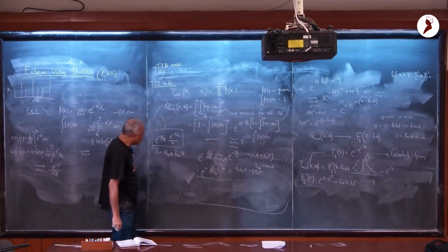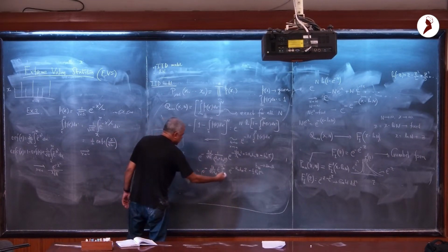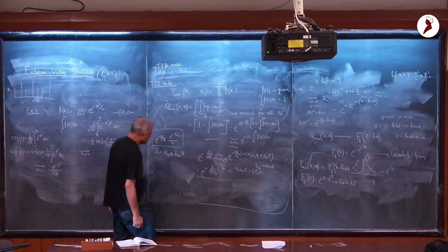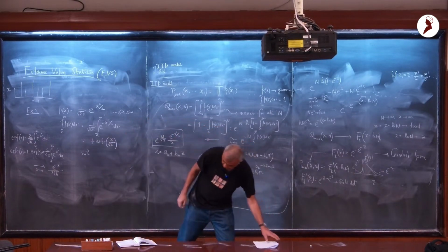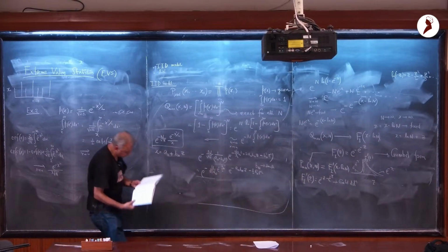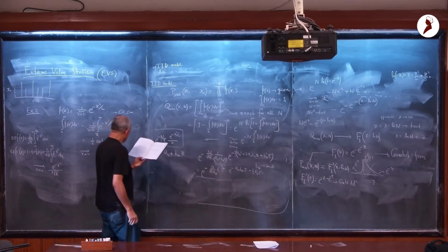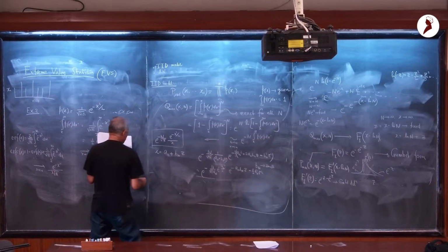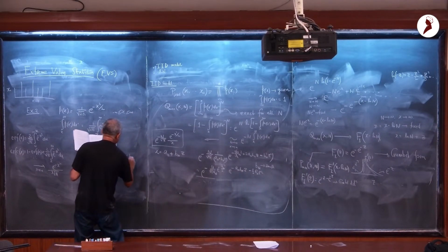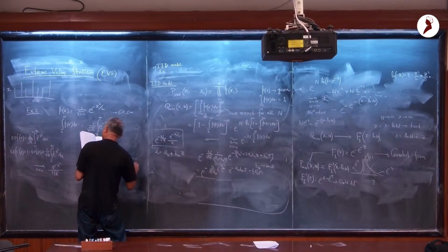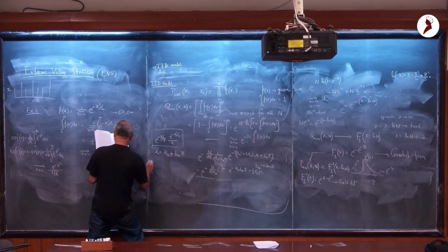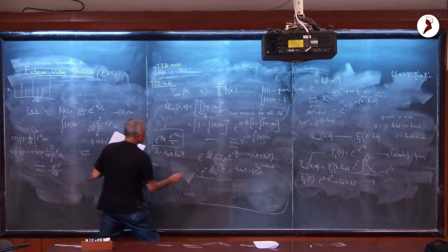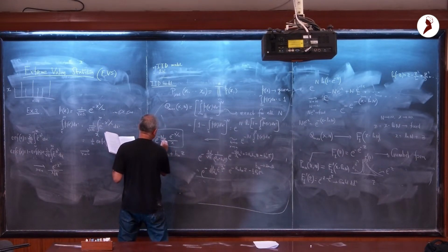So now, if I choose an such that this object is 1, let's say, there should be a square root of 2 pi here somewhere.